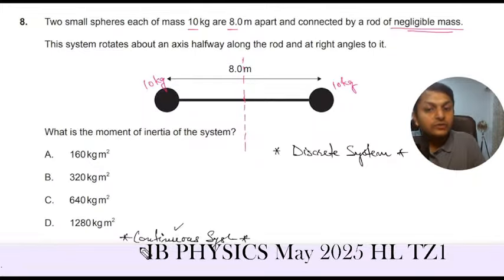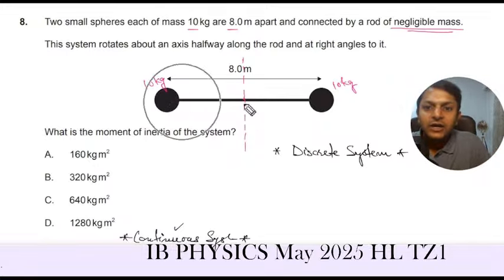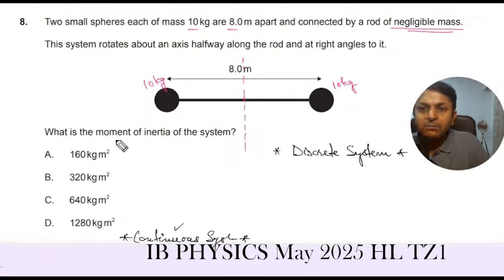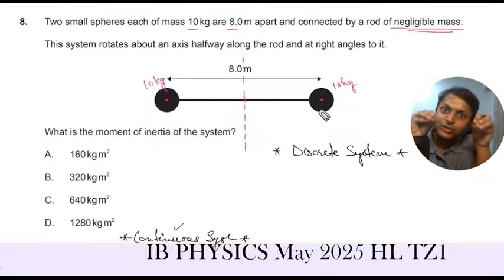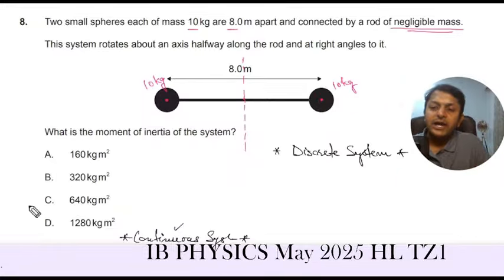They are called continuous systems. A discrete system is when you have this kind of problem, where the mass is supposed to be concentrated at the center. You can just assume that the mass of 10 kg is concentrated at the center of mass. Such a system is called a discrete system, and you do not usually use calculus for this. You can use simple algebra here.